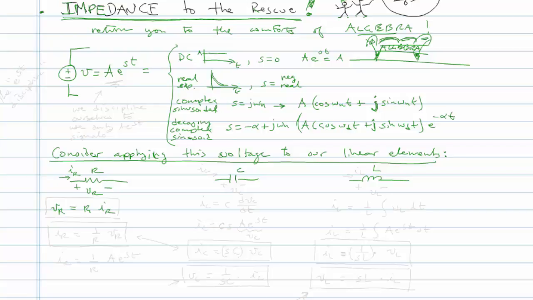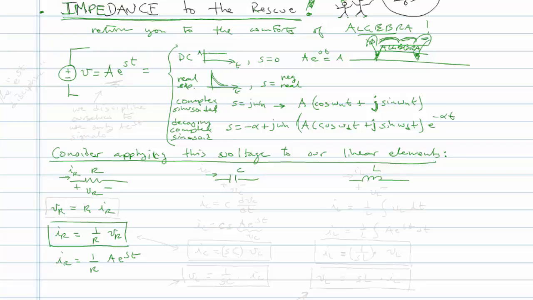Okay, and so I can write IR is equal to 1 over R times VR. And if I plug in A e to the st, then I get an IR that is A e to the st over R, which comes back to just being this expression right here, I is equal to 1 over R VR. So nothing exciting here, all right?